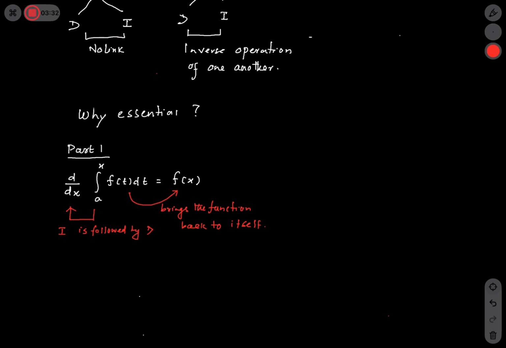And part 2 of this theorem simplifies the definite integral.